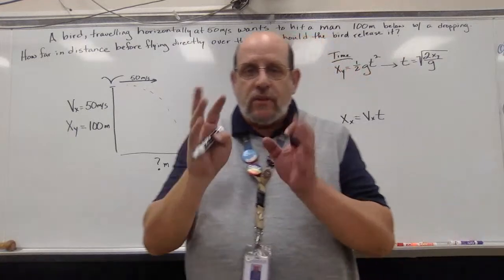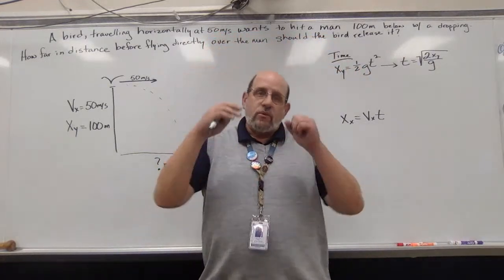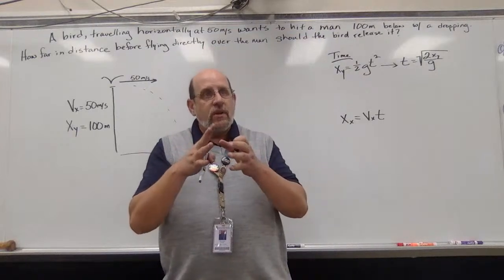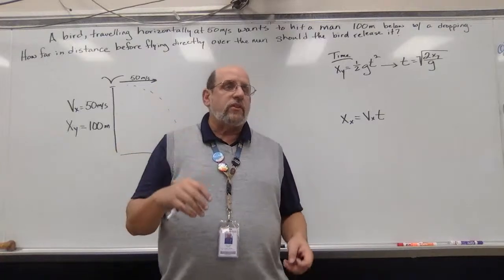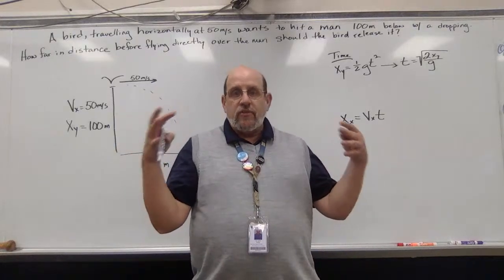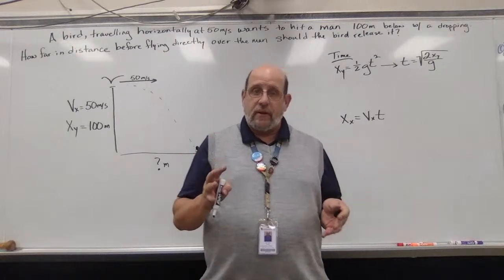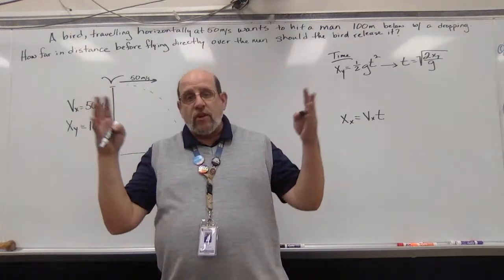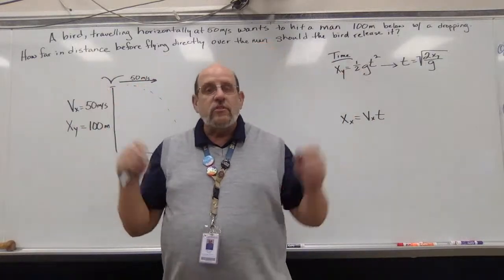Okay, and so we need to understand that Newton said when we figure distances, horizontal or vertical, in physics, we have to figure these things separately because the horizontal and vertical velocities change, right? Horizontal doesn't change at all.